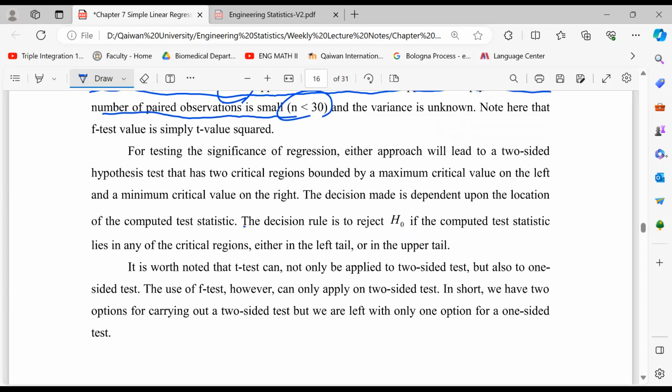You see, the decision rule is to reject H naught if the computed test statistic lies in any of the critical regions, either in the left tail or in the upper tail.